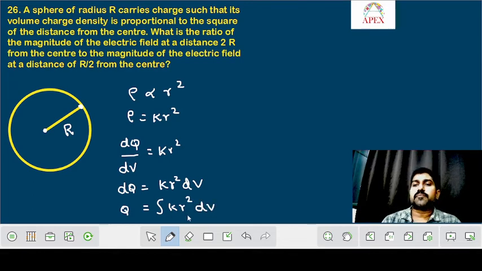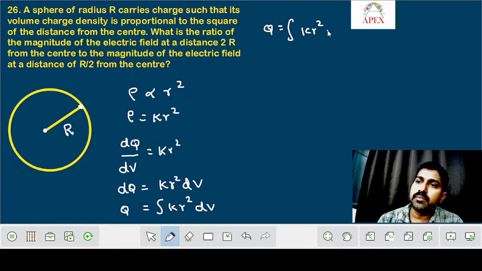But it is in terms of r only, so V also you have to write in terms of r. Here you can write Q is equal to integral k r square into the small element of volume. If you consider a spherical shell element, that is 4 pi r square into dr to write the volume element.